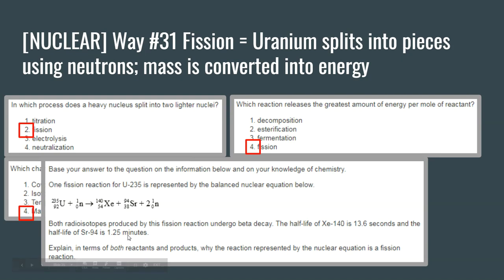Explain in terms of both the reactants and products why the reaction represented by the nuclear equation is a fission reaction. Remember, for problems involving "in terms of," your answer must include the words reactants and products in order to get full credit.